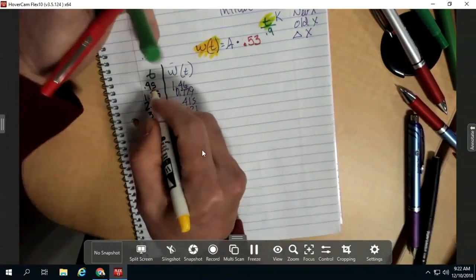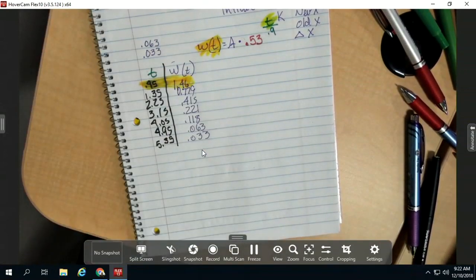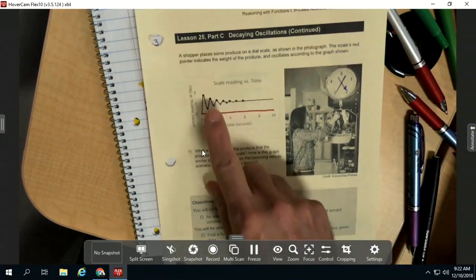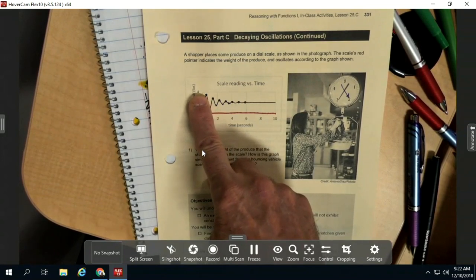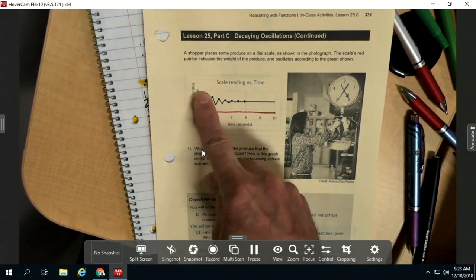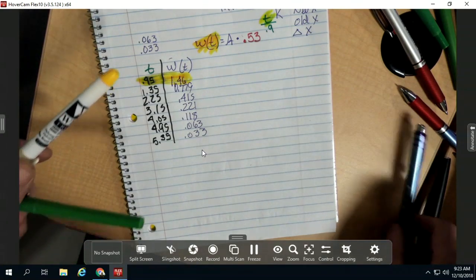I always use the first one in the table. Why? I don't know. I use the first one because if I'm going to get back to here, I want to be as close as possible to there when I start. Okay, so how far back am I going to go? Okay, so that's what I'm going to substitute in.